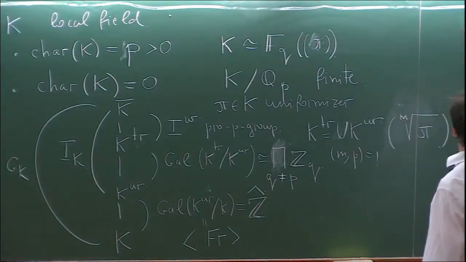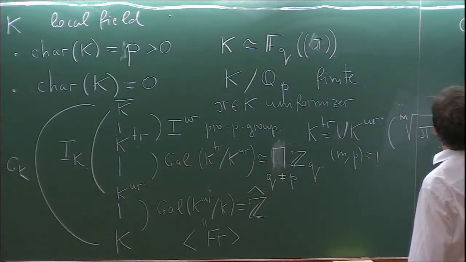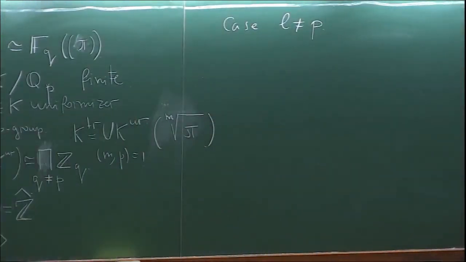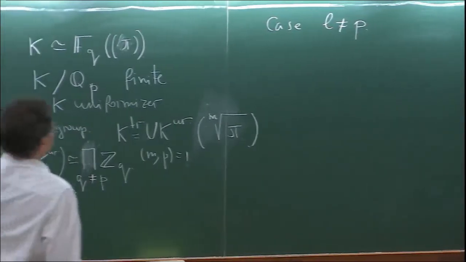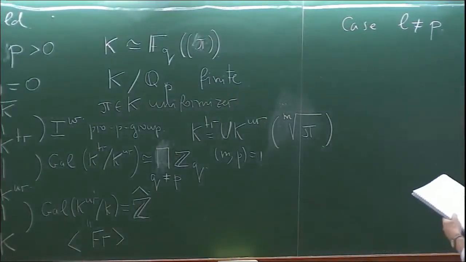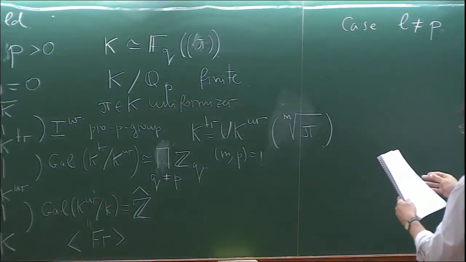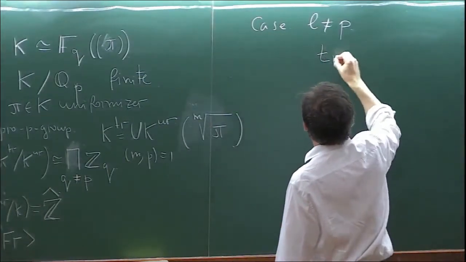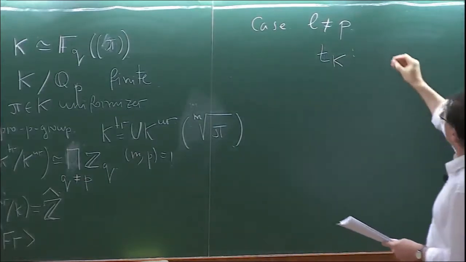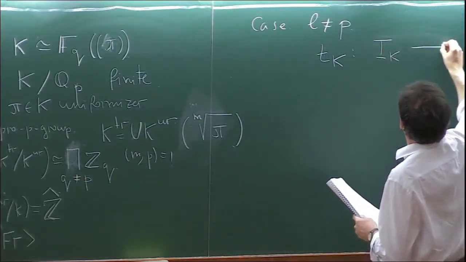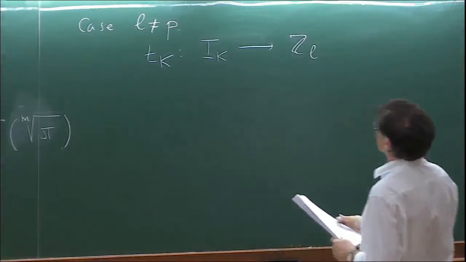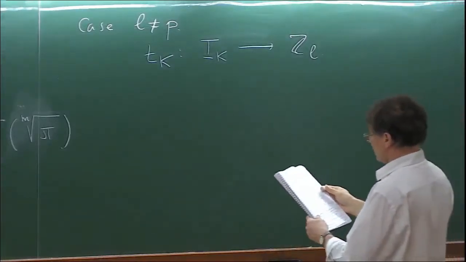So let's now consider the case of different characteristics, where L is different from the residue characteristic of K. So in this case, let's consider the following function Tk defined on the inertia, the whole inertia subgroup of K with values in L.